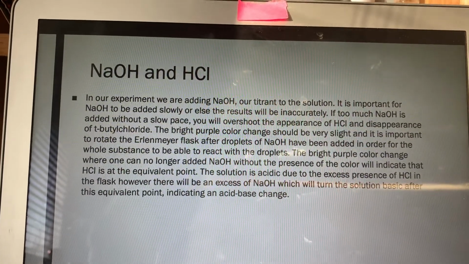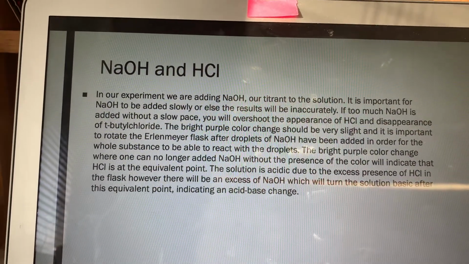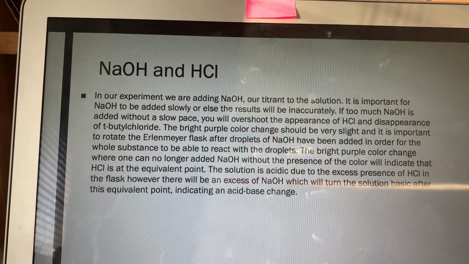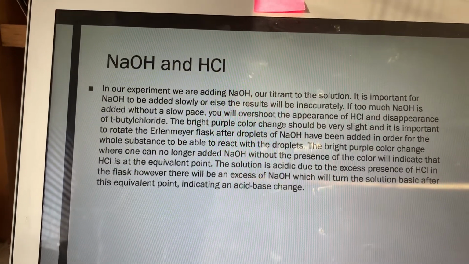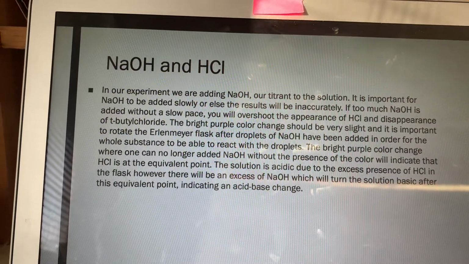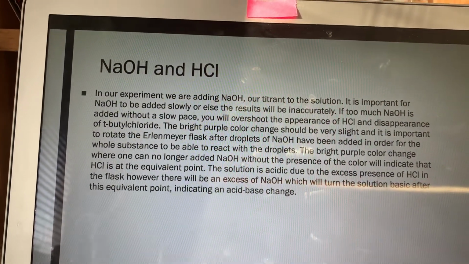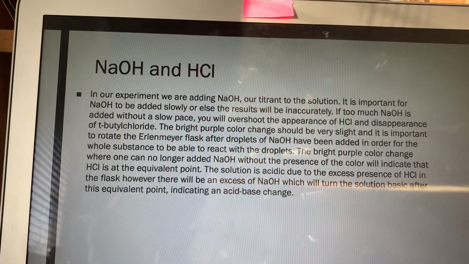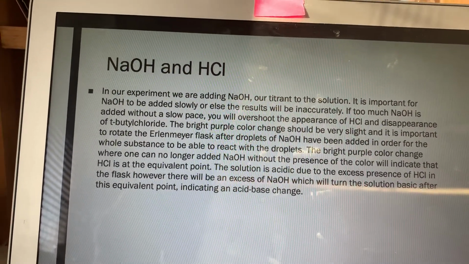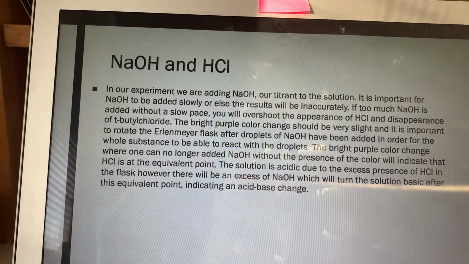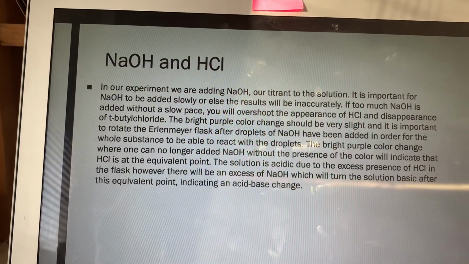The bright purple color should be very slight, and it is important to rotate the Erlenmeyer flask after droplets of NaOH have been added in order for the whole substance to react with the droplets. The bright purple color change, where one can no longer add NaOH without the presence of color, will indicate that HCl is at the equivalence point.